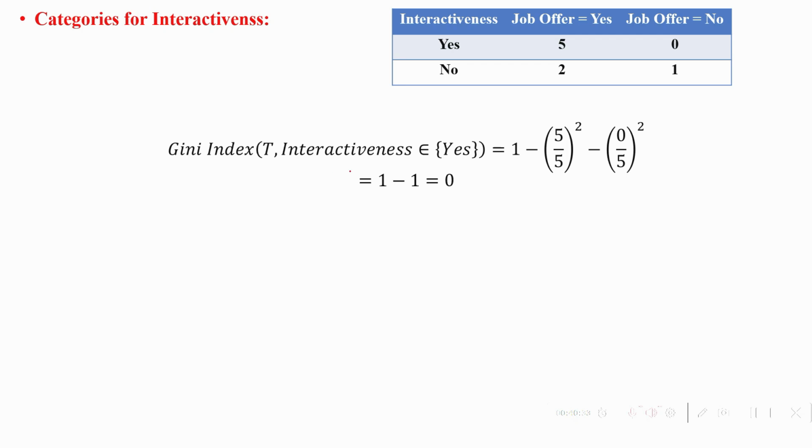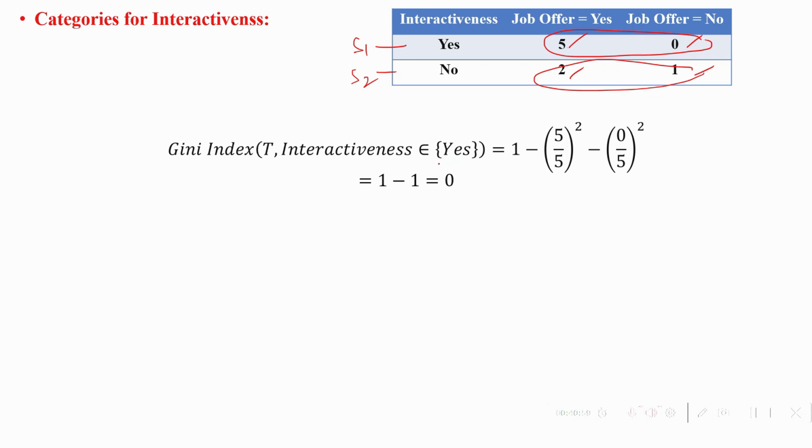Interactiveness belonging to yes is 1 minus (5 by 5) whole square. This is subset 1 and this is subset 2. Subset 1 contains 5 elements and subset 2 contains 3 elements. Subset 1 has all 5 belonging to yes and 0 to no, and subset 2 has 2 belonging to yes and 1 to no.